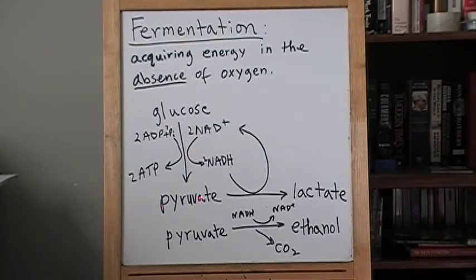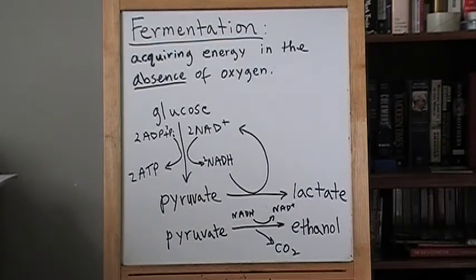But then in fermentation, what happens is instead of oxidizing, the pyruvate is reduced. So you're adding electrons to the pyruvate, and there's a couple of ways that's done. One is to directly reduce the pyruvate to lactate or lactic acid.